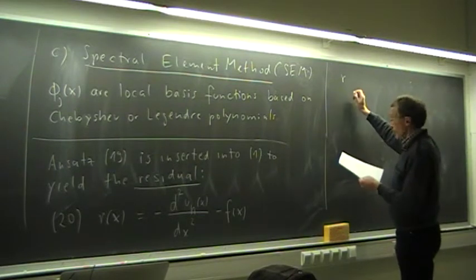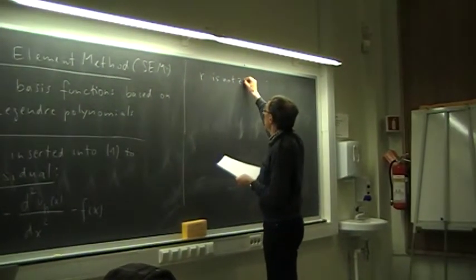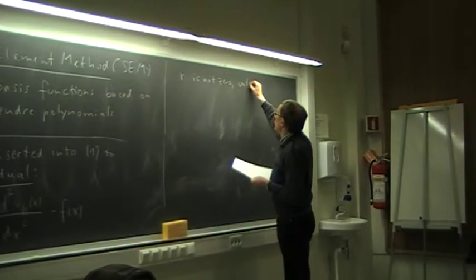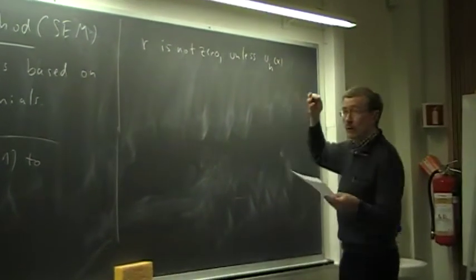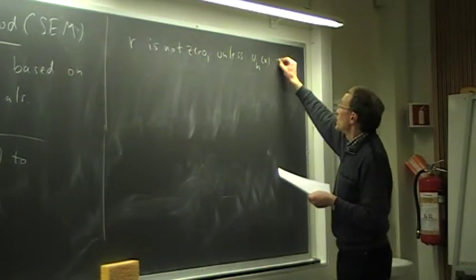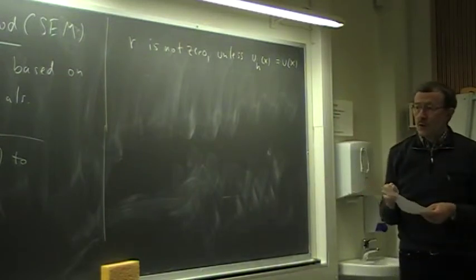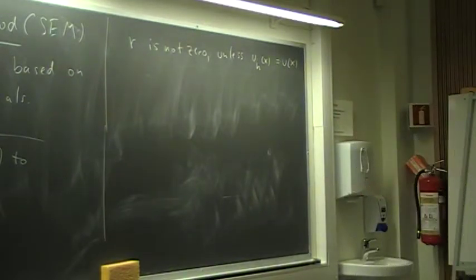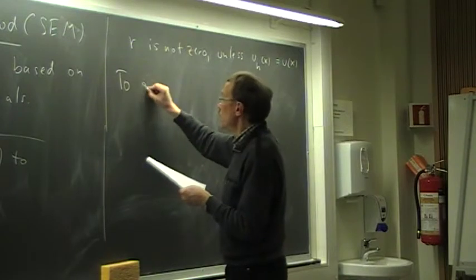So R, the residual, is not 0 unless the numerical solution, or ansatz with the basis function, is equal to the exact solution. So then we have to find these coefficients in front of the basis function, the uj that we called. So that is now done in the following way.